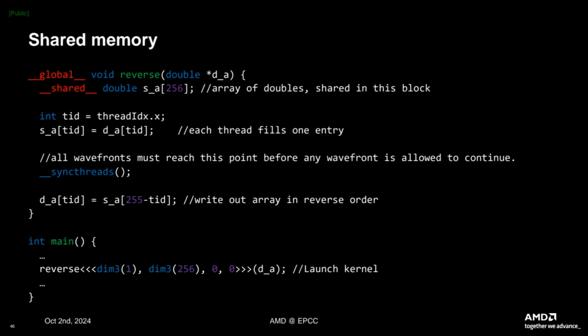And this is because, as we said, threads are all executing at the same time, and so it may happen without this syncthreads call that a thread is making this copy from dA to sA and then trying to access something from sA in the next line that has not yet been modified by another thread. And that obviously will produce a wrong result. So this synchronization here is necessary to make sure that you're getting the correct answer.